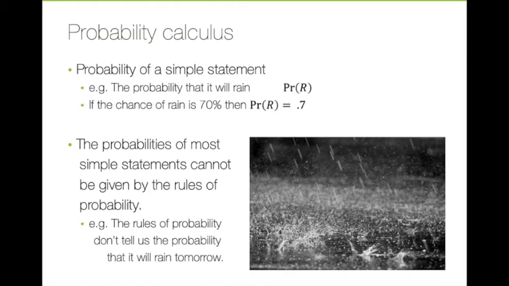For example, the probability that it will rain tomorrow, Pr(R), how do we get to know that? We use meteorological models and our knowledge of the equations that capture atmospheric dynamics, and data about current conditions. All of those allow us to arrive at a probability number for the chance of rain.